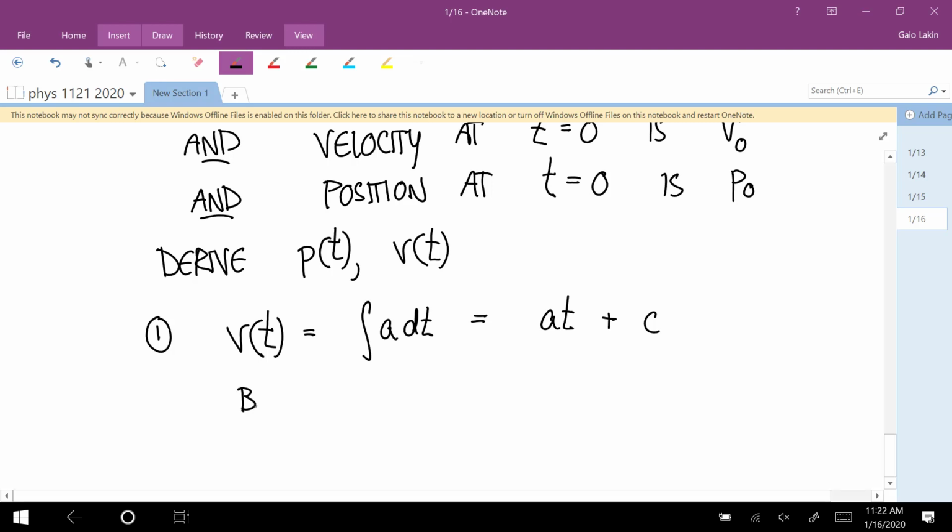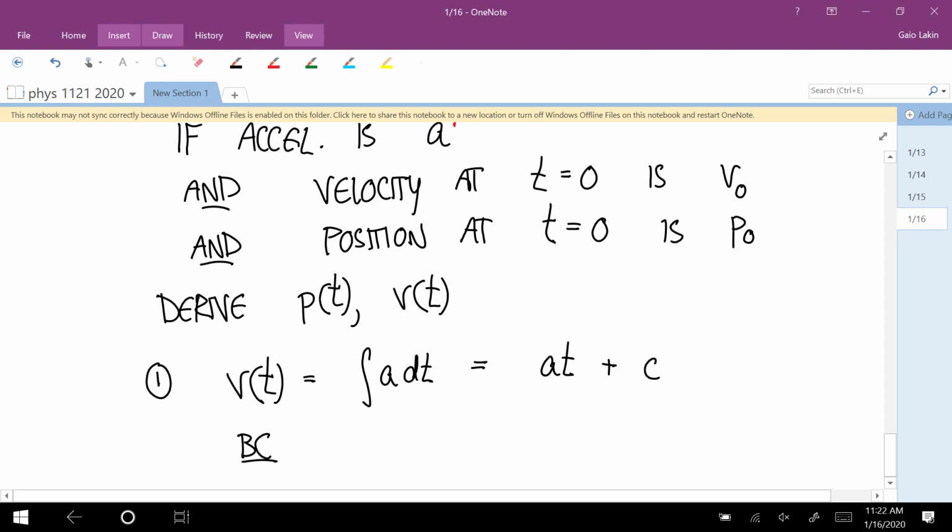And now we'll use the boundary condition to calculate that constant c. So what do we know that we can use to calculate that c? We know that if you plug t equals 0 into this equation for v, then v is this constant v0. These are both constants too.